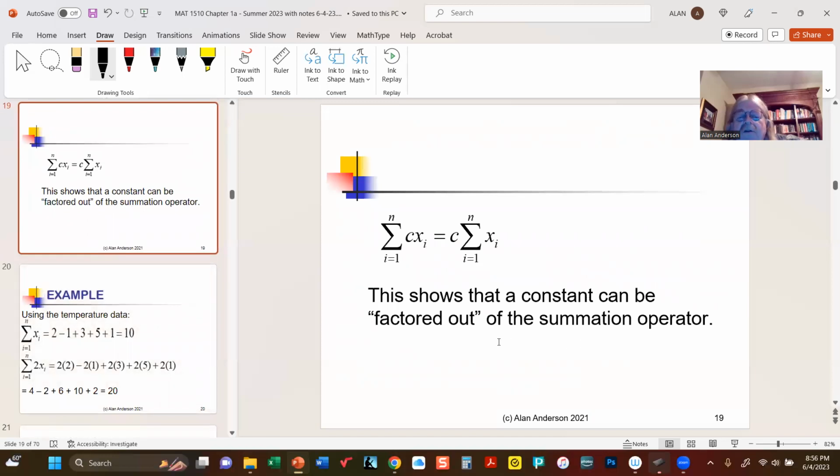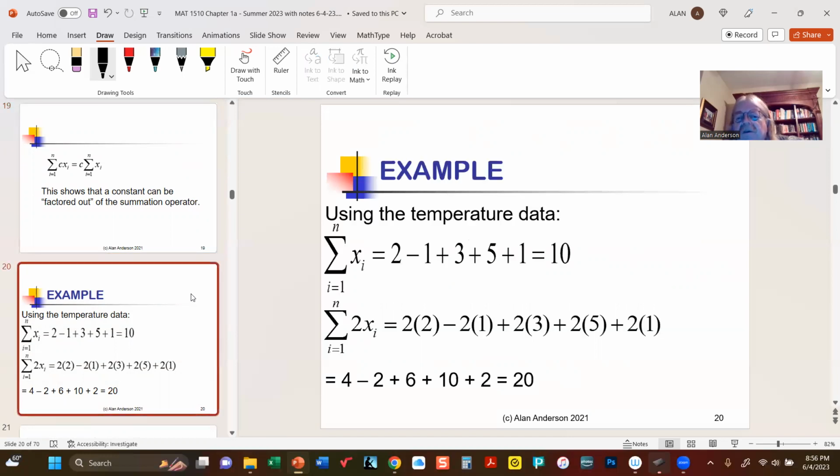Now, algebraically, when we have a constant like this, we can move it outside the operator. In the next slide, you can see we have the data that we had earlier with the Minnesota temperatures. If I now want to add up 2x, you can do one of two things. You can double each term and then add them up.